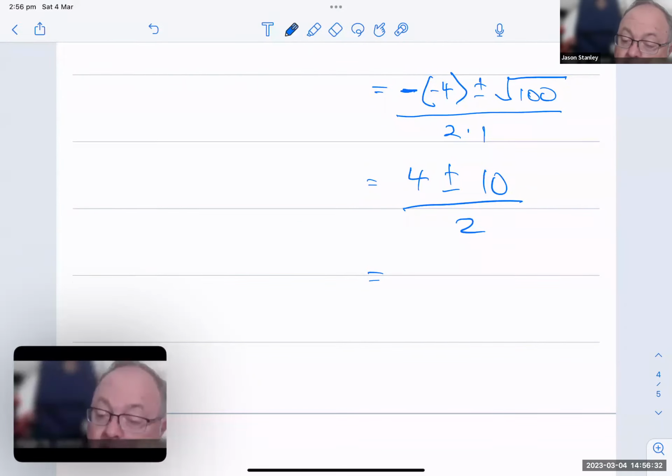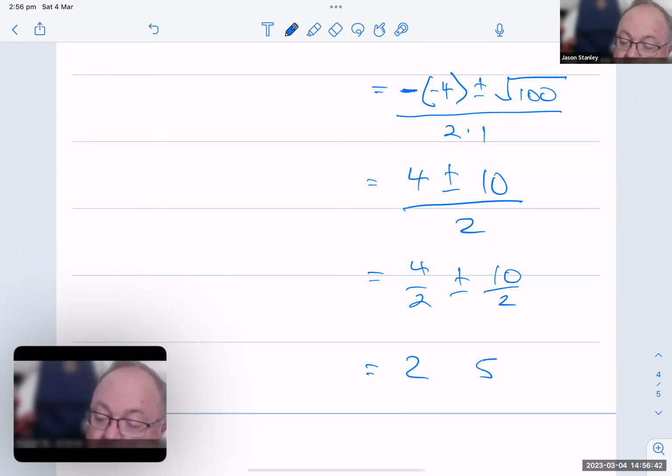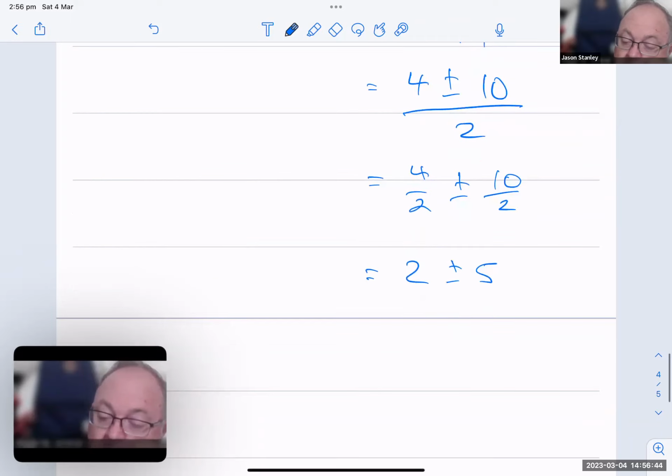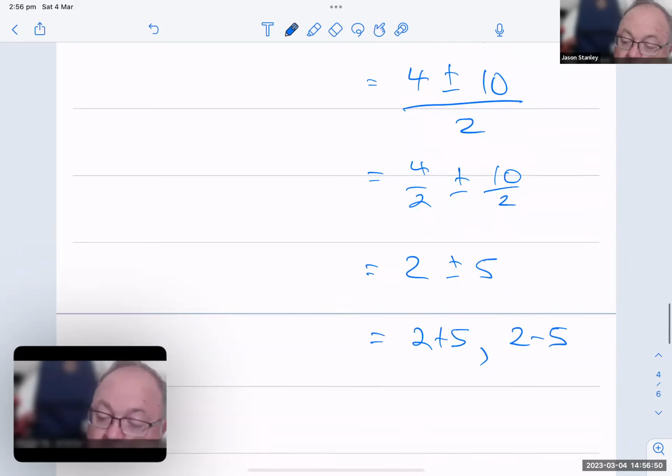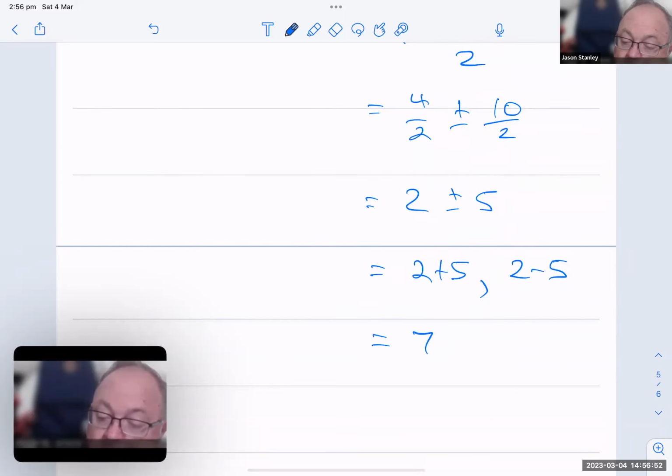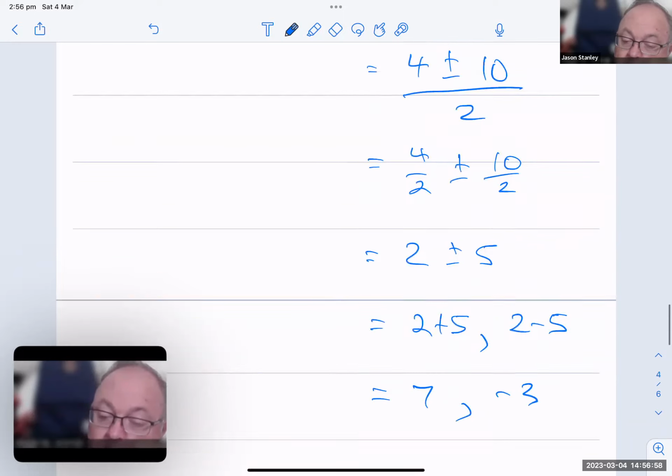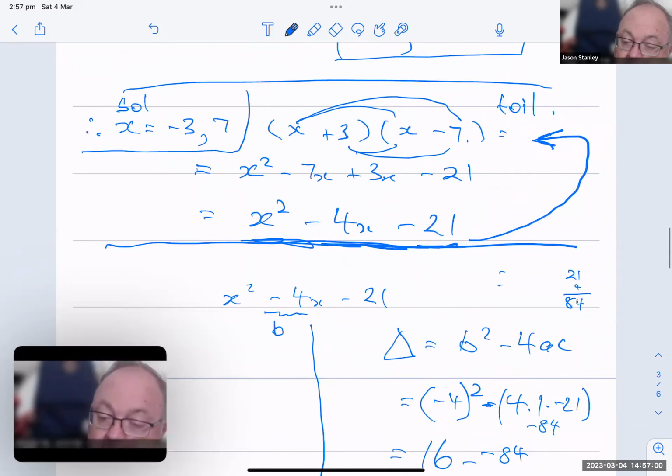Okay, so we can split the fraction. That's the same family, it's just the previous. 4 on 2 is 2, 10 on 2 is 5. Oh, look, it's getting there, isn't it? 2 plus 5, comma, 2 minus 5. Okay, so we've got 7, and 2 minus 5 is -3. So that's our solutions. Let's go back up and see.